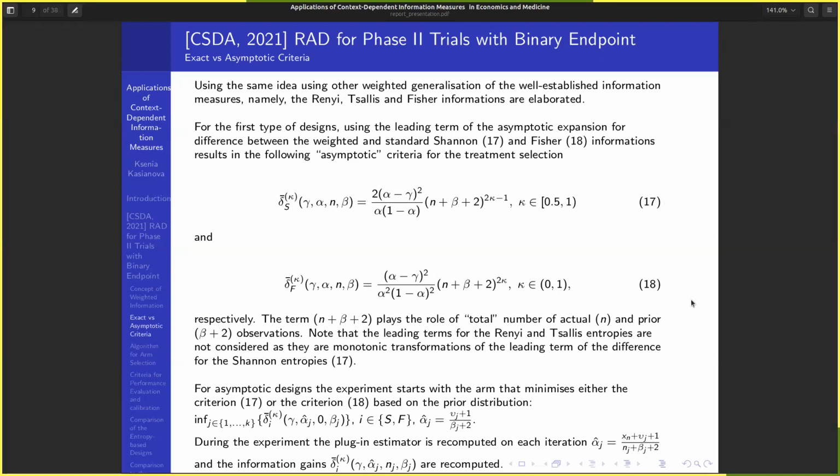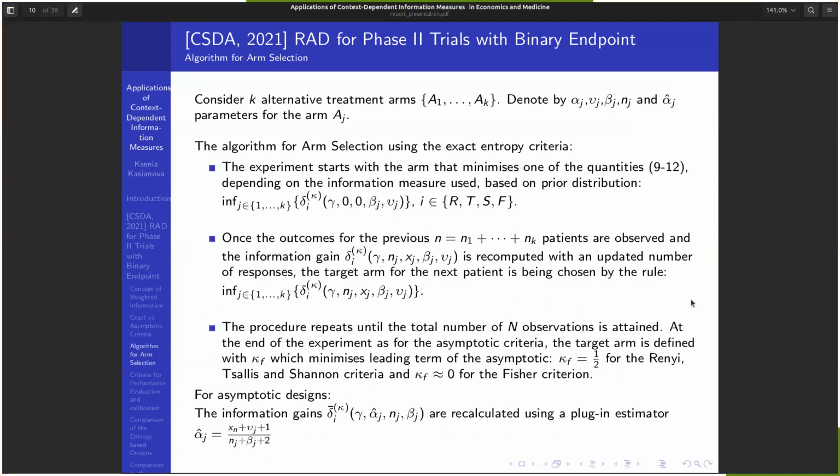Below in the slide, we see a quick recap of the algorithm that we are working with. We want to choose the next arm or the next drug that is given to a patient based on the minimization of this criteria, either asymptotic or the exact one. Here it is written in more detail for the exact entropy criteria case.